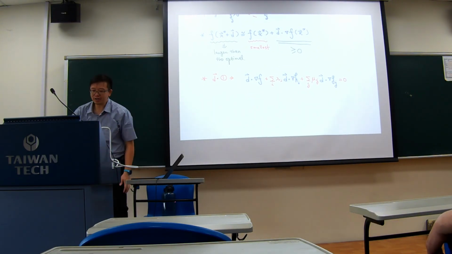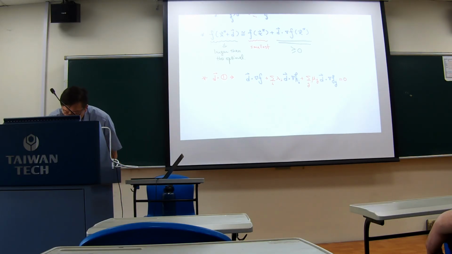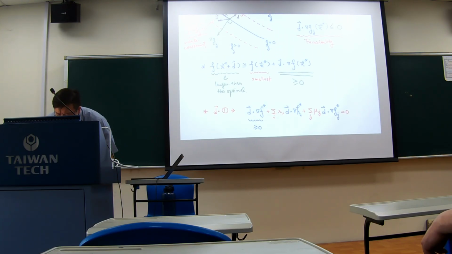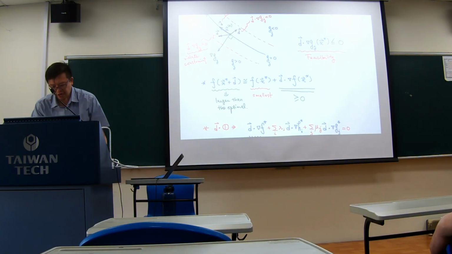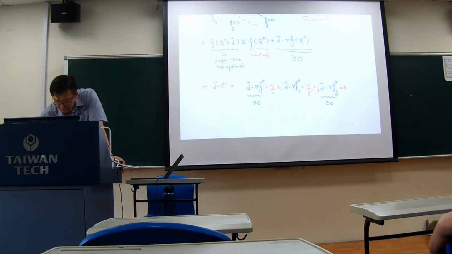So from here, these are at the optimal. So this term is positive or zero. And we already showed this term is negative, right? DGI. And for the feasibility, this is always zero.